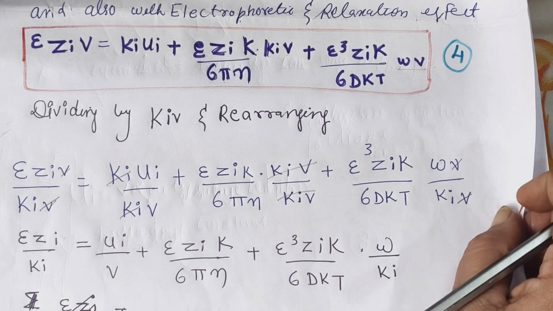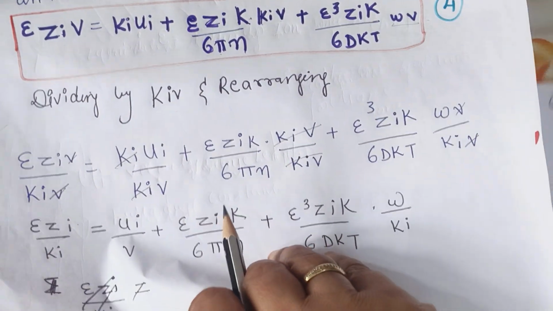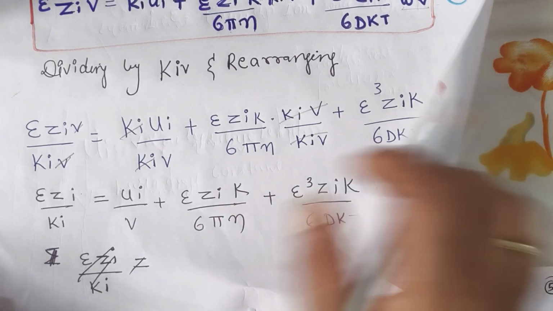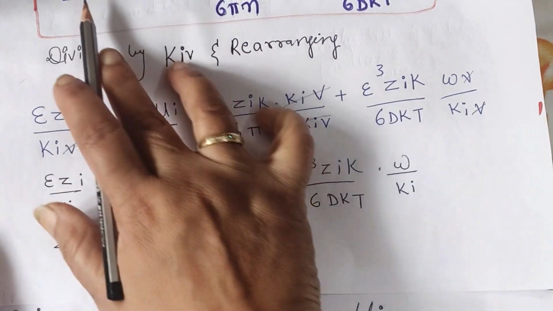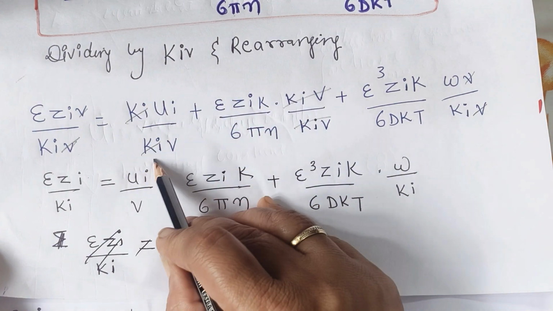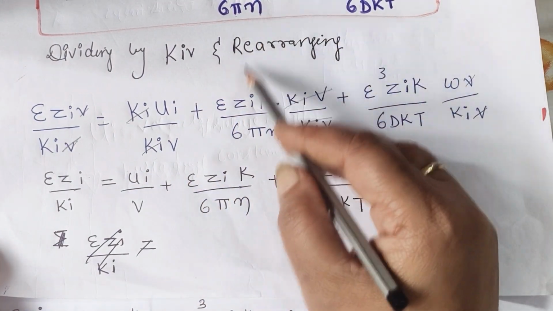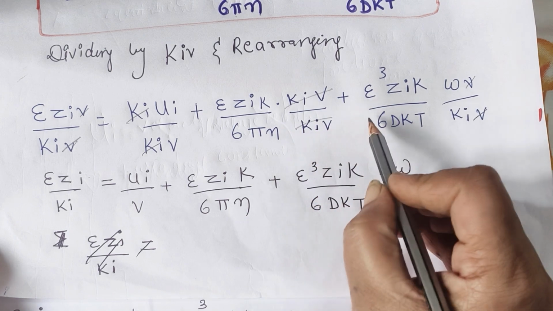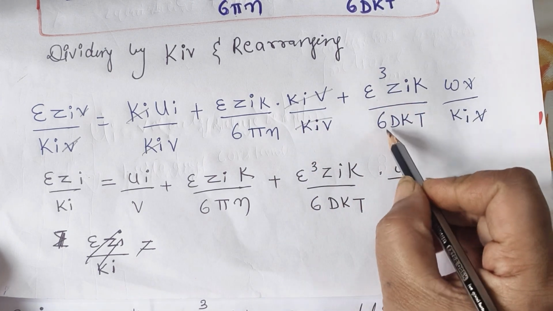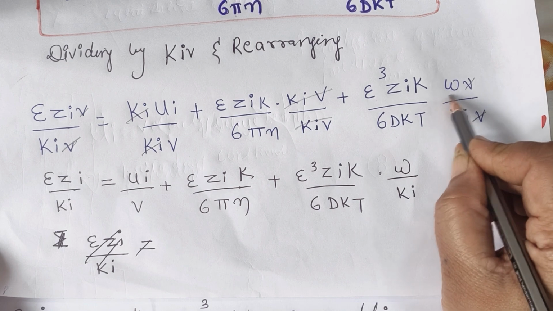So dividing it by KiV and rearranging, you have to divide the whole equation: epsilon Zi V divided by KiV, then Ki Ui divided by KiV, plus epsilon Zi k into kiV by 6 pi eta divided by KiV, plus epsilon cube Zi k wV by 6 dkT divided by KiV.